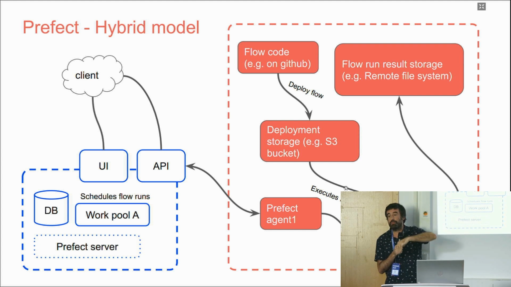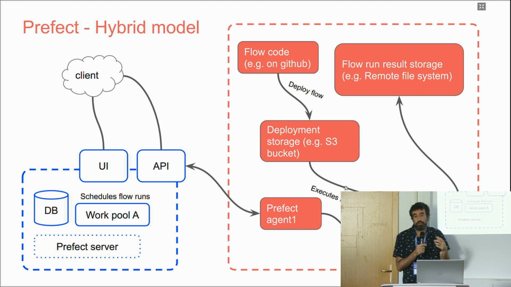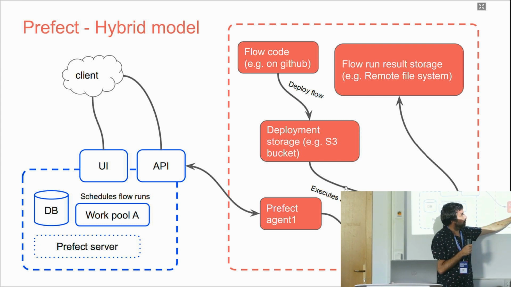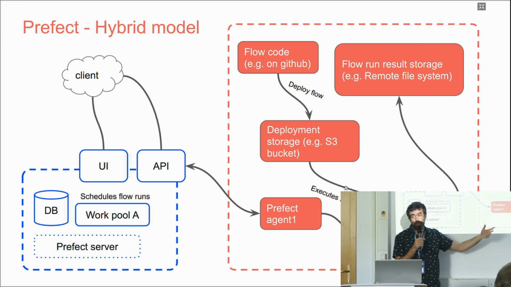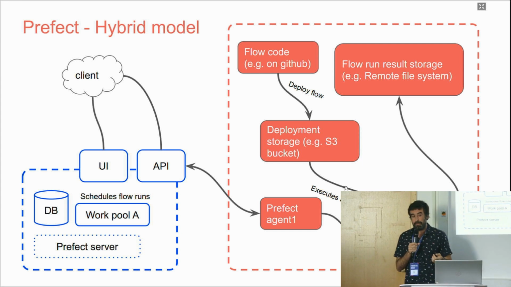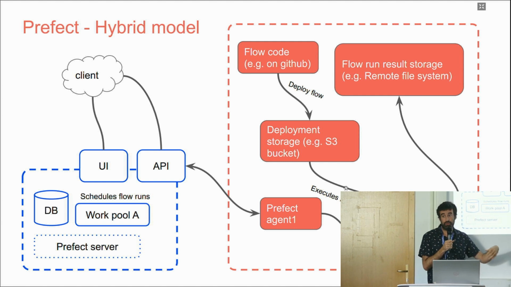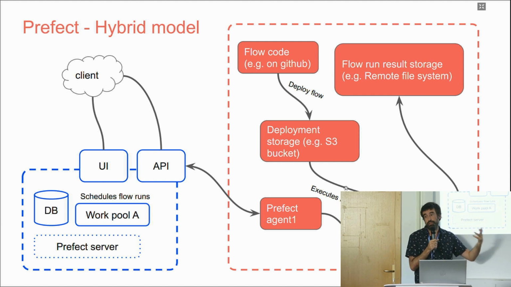You can also run them on your infrastructure directly, or just on a laptop or whatever. And then this workflow part of Prefect, you can also run somewhere else if you want to. So this is good in terms of security.